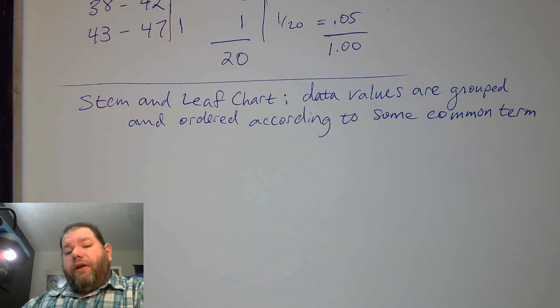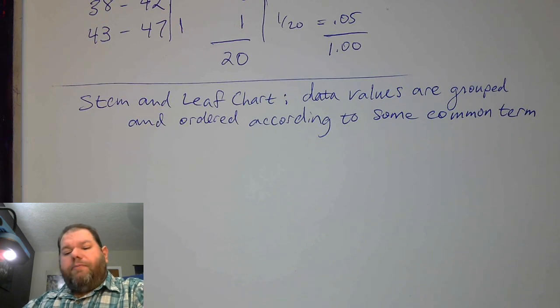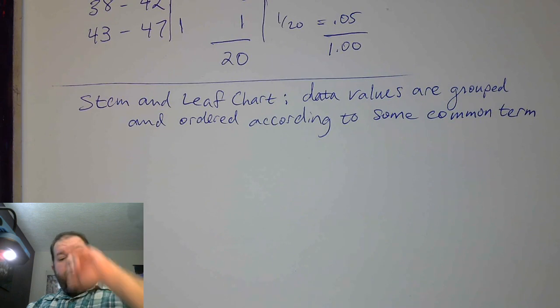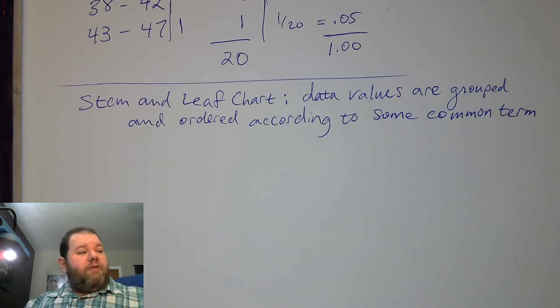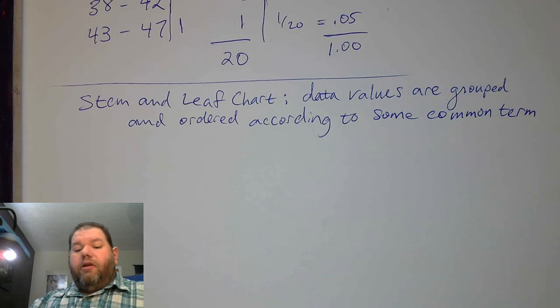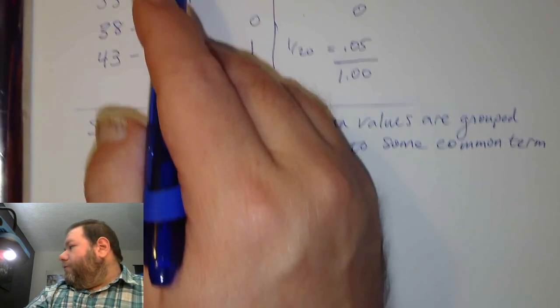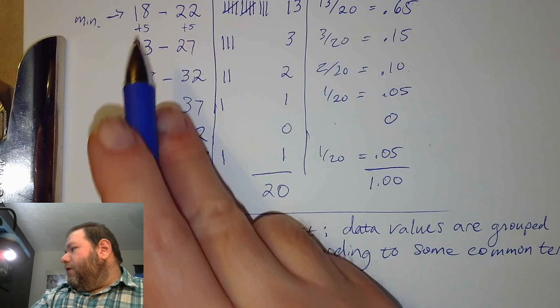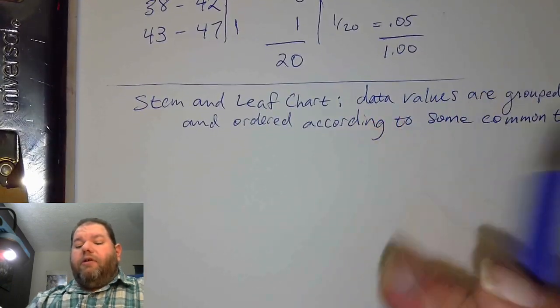If we have a wide range of numbers, it's a little bit harder to do a stem and leaf chart, but it's still possible. Let me show you, for example, this same data set that we've been working with here. All of our values we know are between 18 and 45.